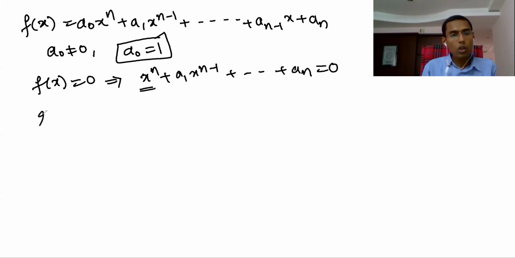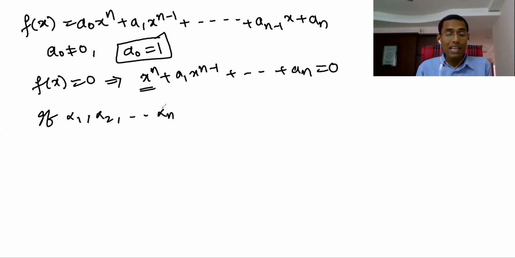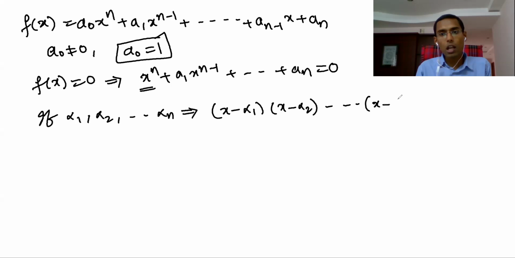And if alpha 1, alpha 2, so on up to alpha n are the n roots of this polynomial equation, then we can write it as (x - alpha 1)(x - alpha 2) and so on up to (x - alpha n) = 0. Why? Because this is a monic polynomial. Here the x^n coefficient is 1.